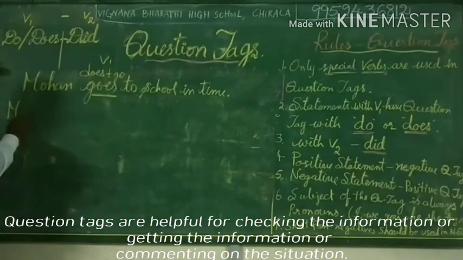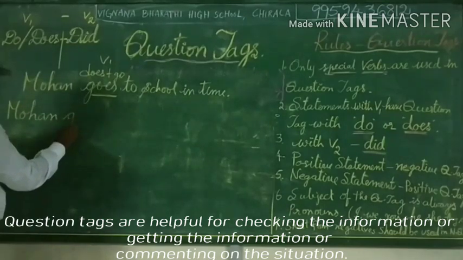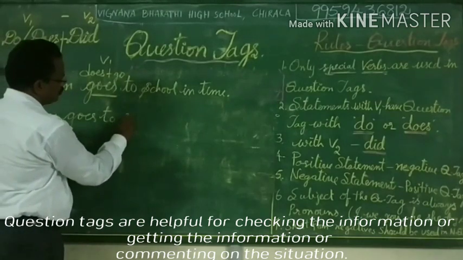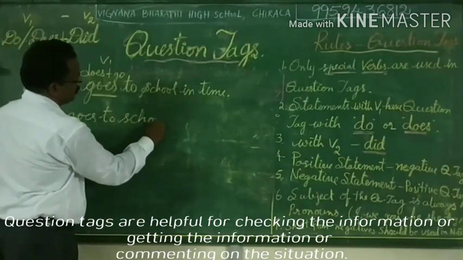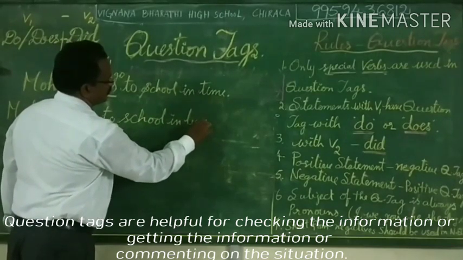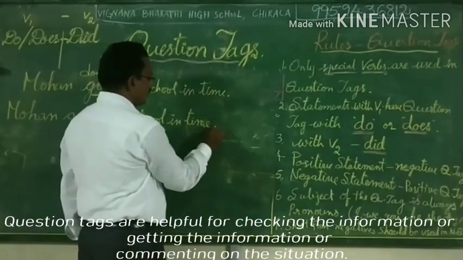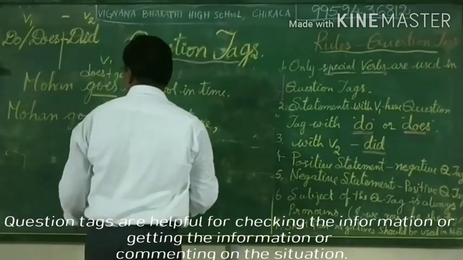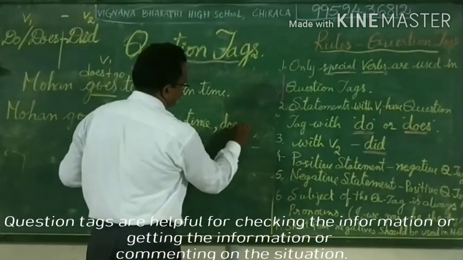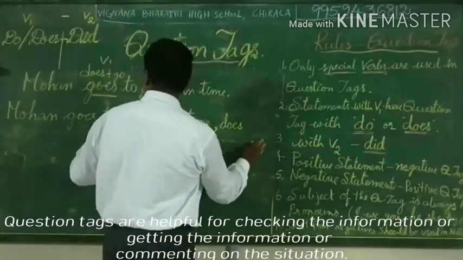Now we write a question tag for this statement. Mohan goes to school in time, comma, does. What is the special verb found here? Does, goes. Does go. Does.